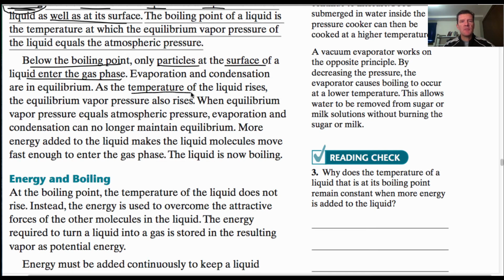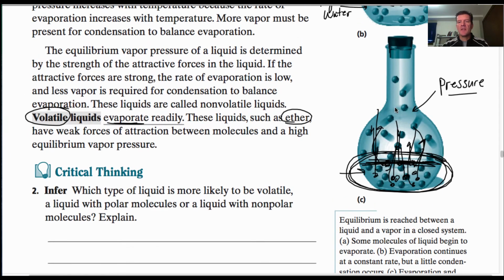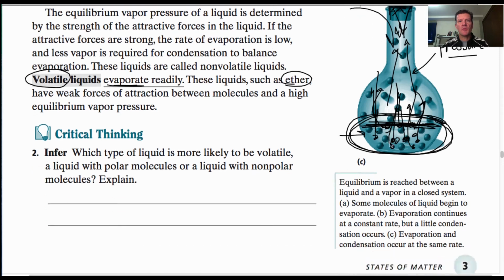As you increase the temperature, the vapor pressure increases, and when equilibrium vapor pressure equals the atmospheric pressure, let me just say that really quickly here, something begins to boil when the pressure pushing down on these particles, imagine this stopper's not there anymore, this is from the atmosphere, when the atmospheric pressure pushing down on these particles equals the pressure of the particles pushing up from the evaporation, when those two are equal, it'll begin to boil.